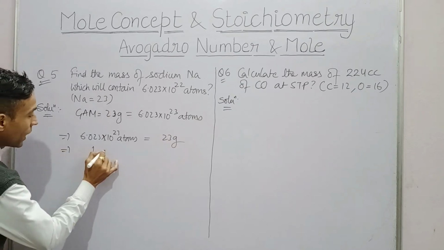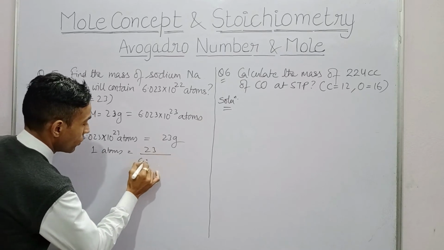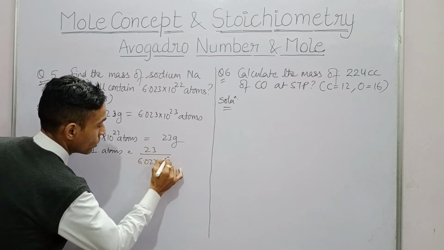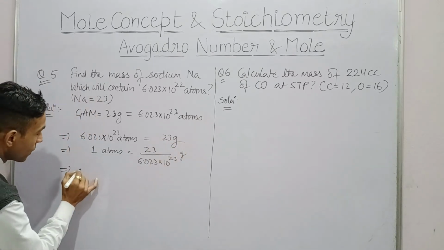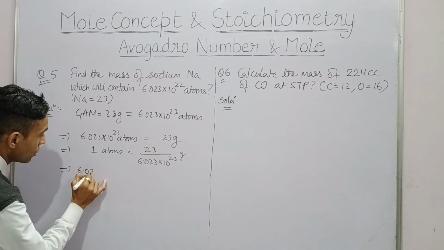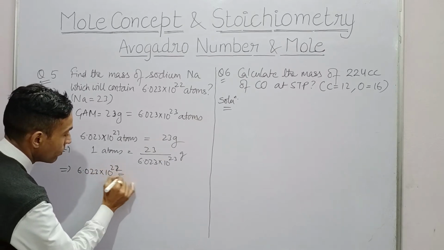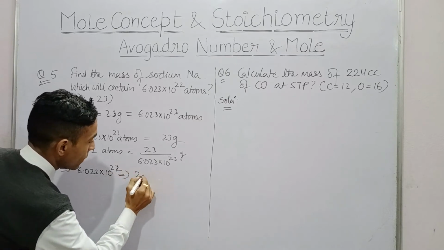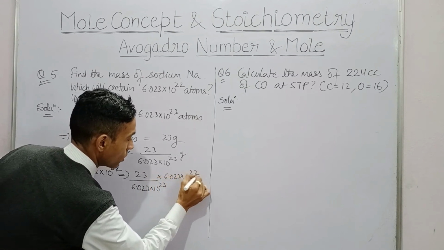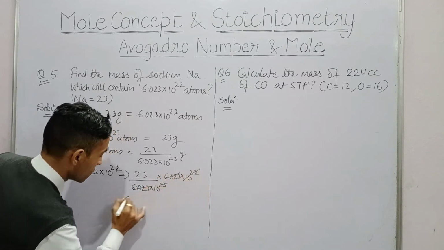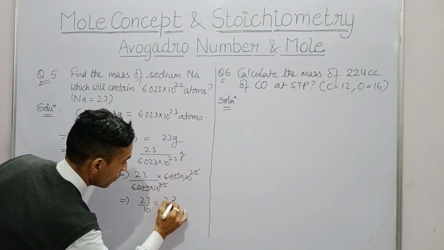This implies that one atom's mass will be 23 upon 6.023 into 10 to the power 23 gram, and therefore the mass of 6.023 into 10 to the power 22 will be, we will multiply this here, cancellation, we have 23 upon 10 and this gives 2.3 gram.